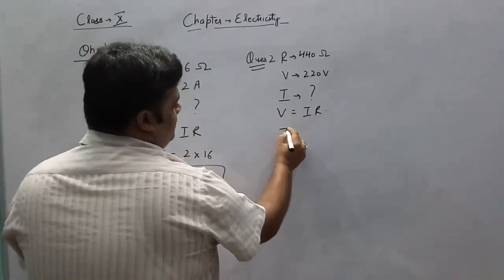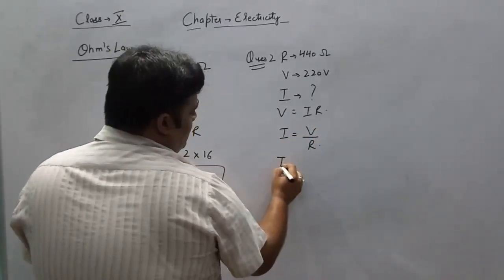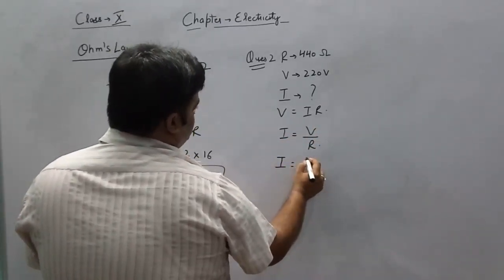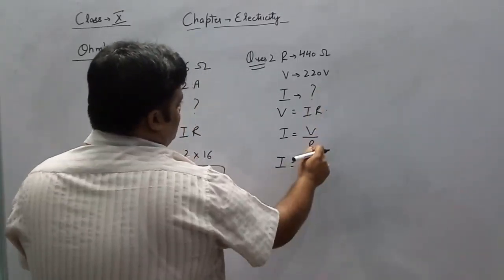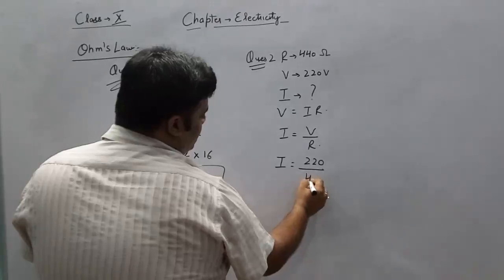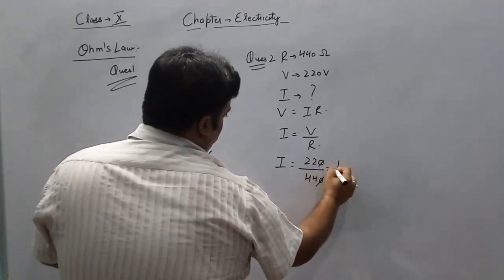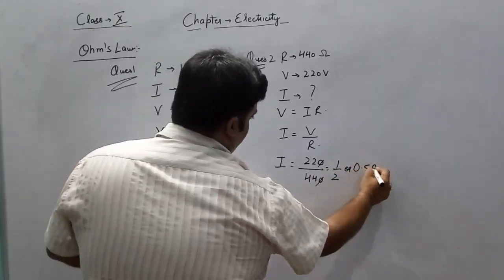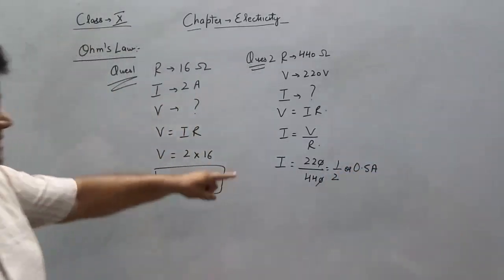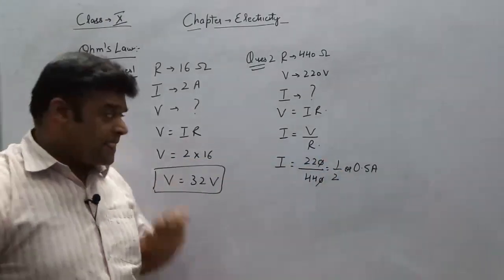We have to find current, so I is equal to V upon R. Potential difference here is 220 volts and resistance offered by that wire is 440 ohm. This will become 1 upon 2, or we can say 0.5 ampere. So current in this condition will become 0.5 ampere.